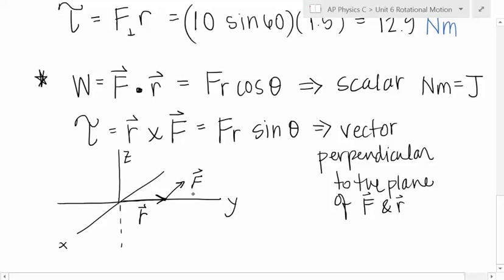I don't do a very good job of that. But my torque vector is perpendicular to those. So three-dimensional. So Newton meter is the unit, and it's not a joule.